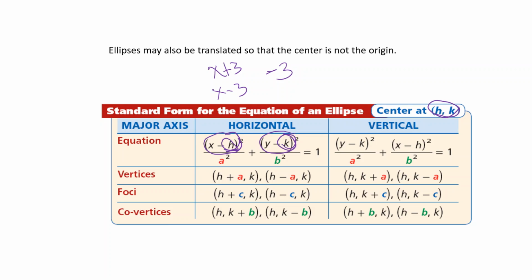Notice on the vertical, I have to put my y first, because it goes with the k. My x is with my h. So x is always with the h and y is always with the k. It's really important that you don't get that part confused, because you could easily make a mistake if it's written in yx form.